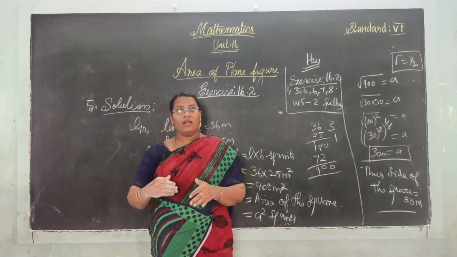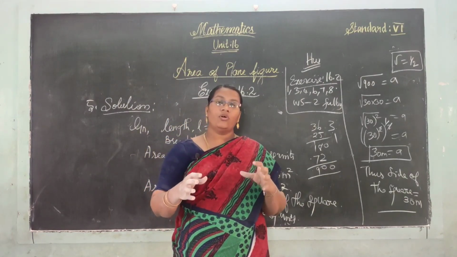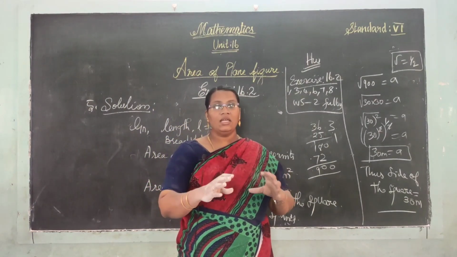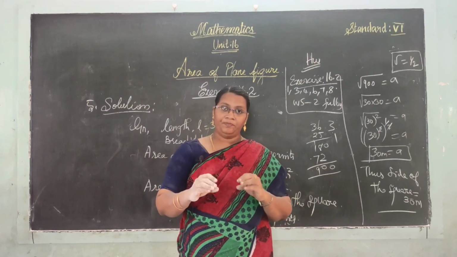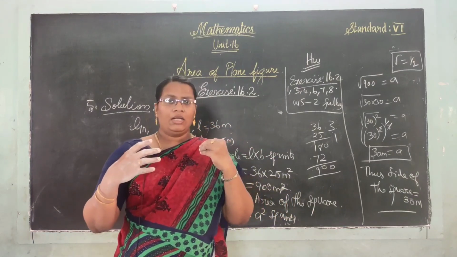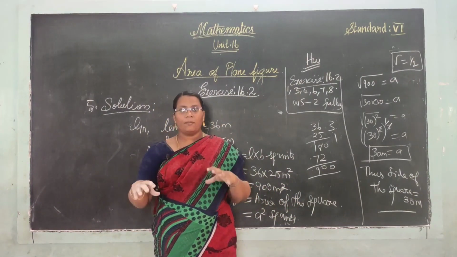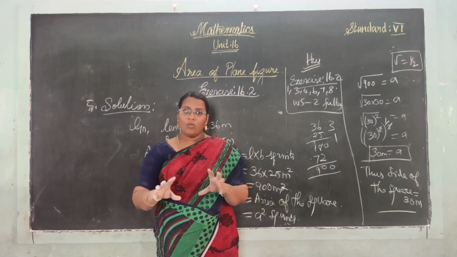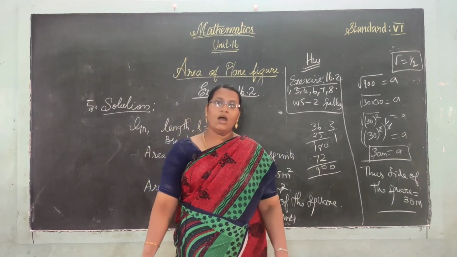And next we have learned the area. Area means the amount of surface the figure occupies. Any shape occupies the surface of the plane. The amount of surface enclosed by the figure is called the area.